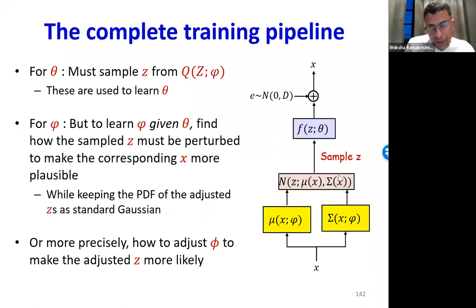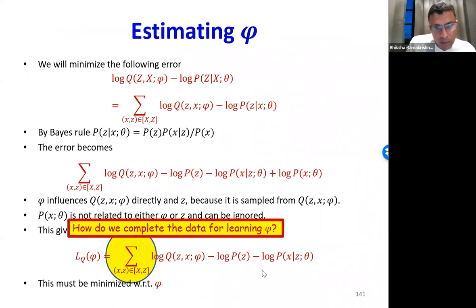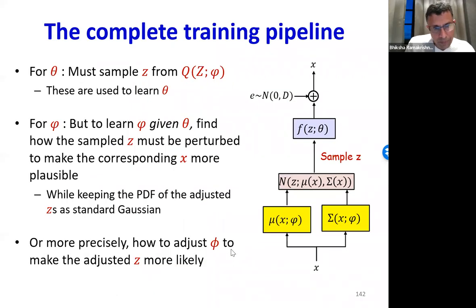And so basically you're saying, how much will perturbing Z increase the log likelihood of X, while also making Z more Gaussian? And Z can be perturbed by perturbing phi. So the question sort of translates to how do I perturb phi such that the resulting Z's make X more likely and are more likely to be Gaussian.